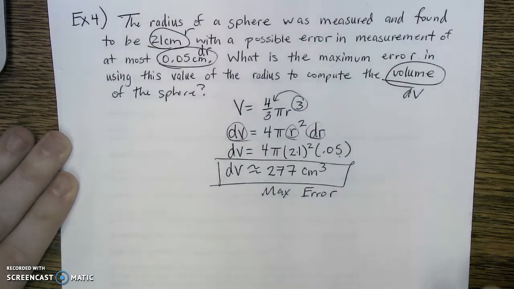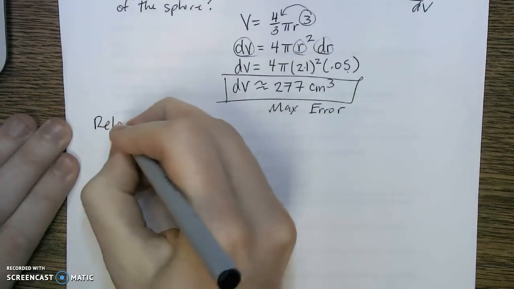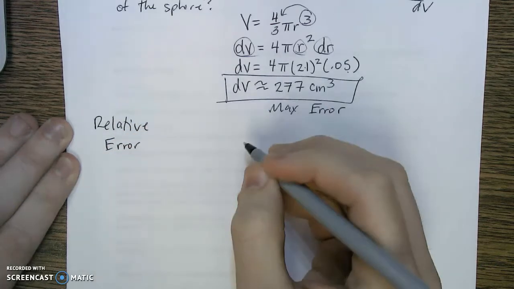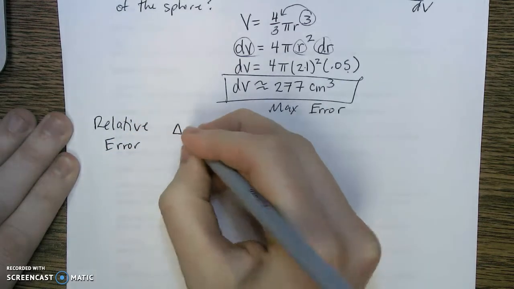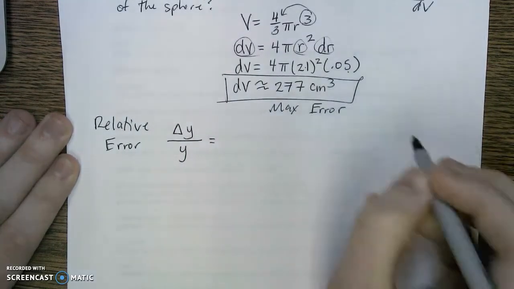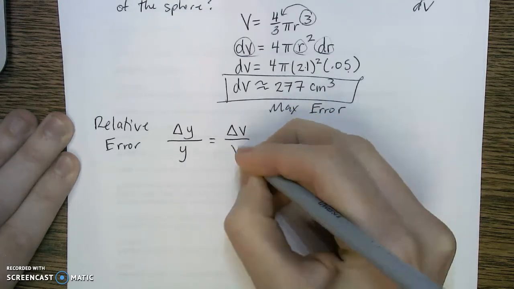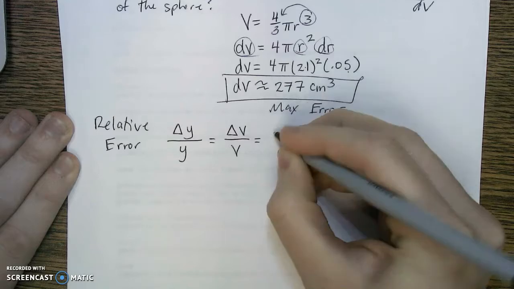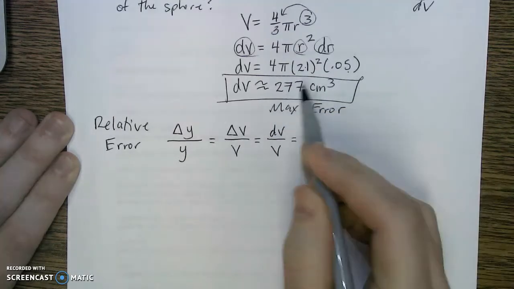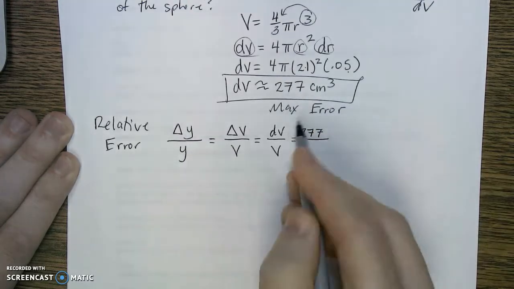But what if we wanted to know relative error? You can find relative error by taking your change in y divided by your y. So in this case, we're talking about volume. So it would be my change in volume over the volume, change meaning dV over V. So I've got 277 for my change in volume.